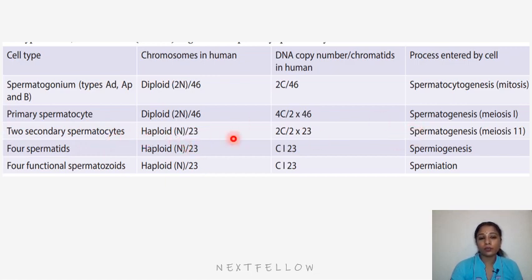So that you have to note: from primary to secondary is meiosis 1, and then meiosis 2. Then 4 spermatids form, which undergo spermiogenesis. This is meiosis 2 again. Then the functional sperm, that is spermiogenesis, and finally the sperms are released, which is called spermiation. The gaining of motility of the sperm happens in the epididymis.